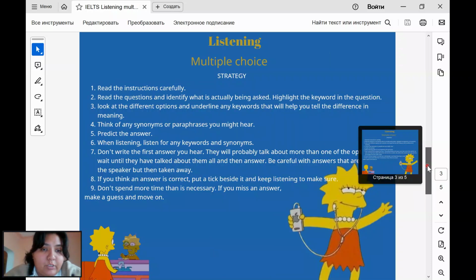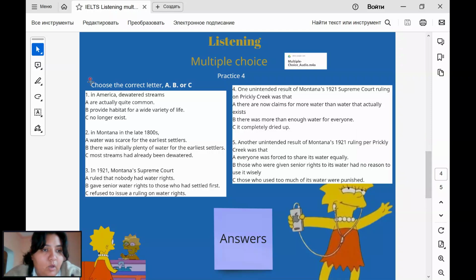Look at the different options and underline the keywords in the question. Quite common. I think the word common is very unique. It's very hard to find any synonym for that.